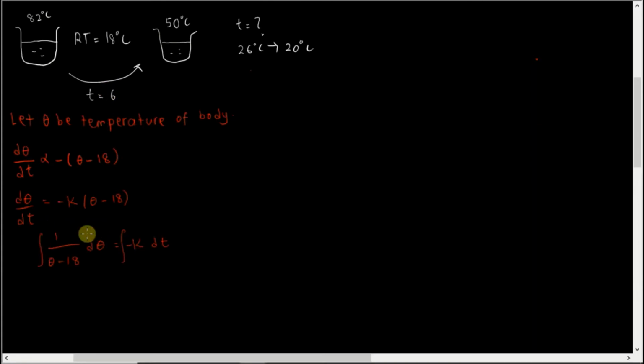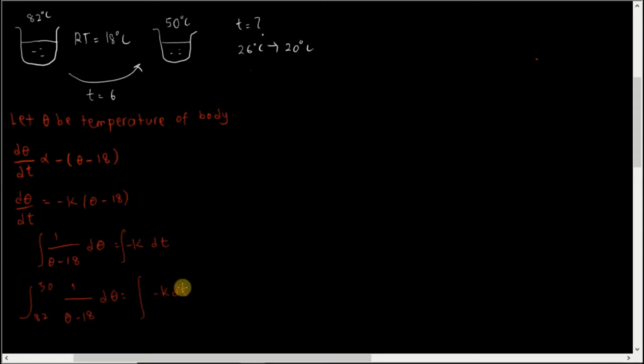For the left part, it must be concerning the temperature because it's all about theta, the temperature of the body. Lower limit means what is the initial? Initial is 82, so the lower limit is 82. Upper limit, what is the final? Final is 50, so the upper limit is 50. 1 over theta minus 18 d theta equals negative k dt.